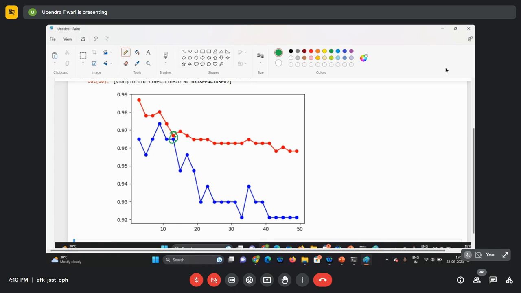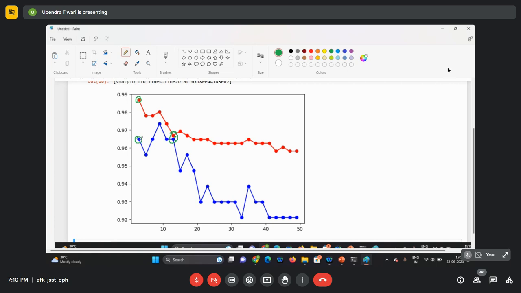Now, even if you consider this one, you see here that the train accuracy is 99 and the test accuracy is somewhere 96.6 or 7. So although both of them are very good accuracy, if you find the gap between them, it will be somewhere around 2.5 or 3.